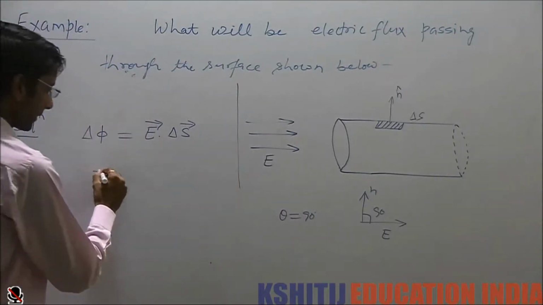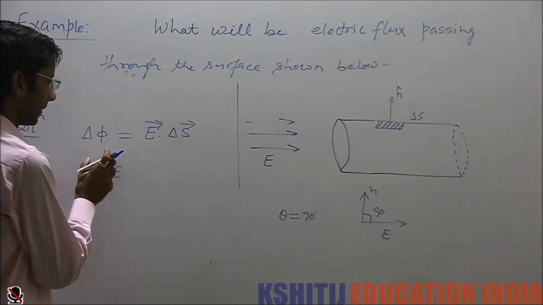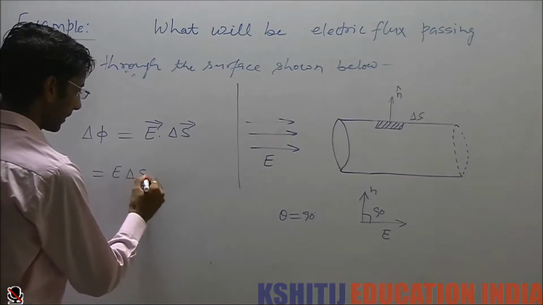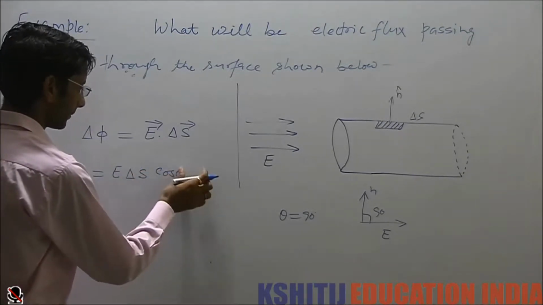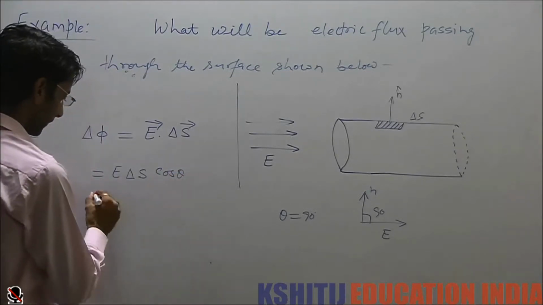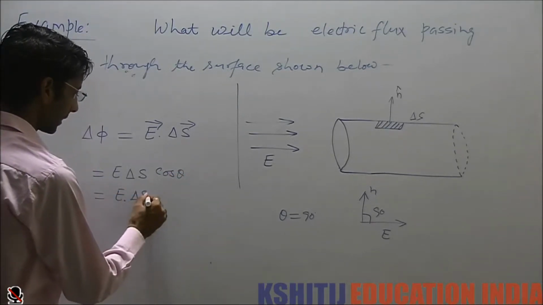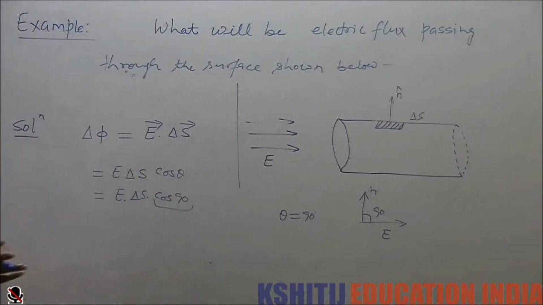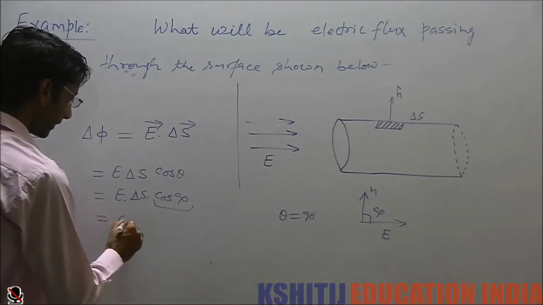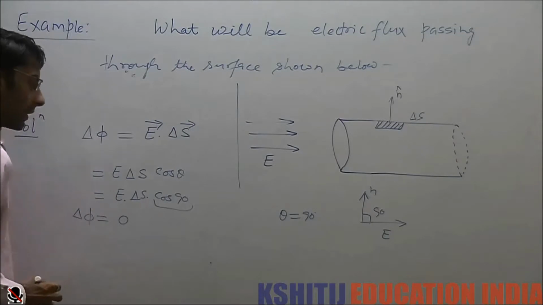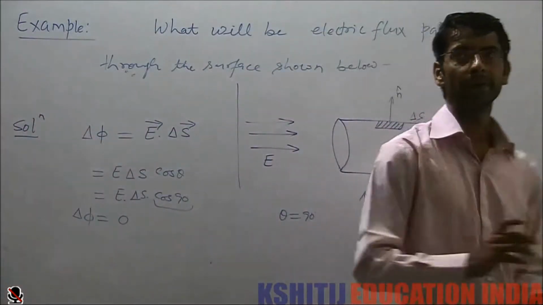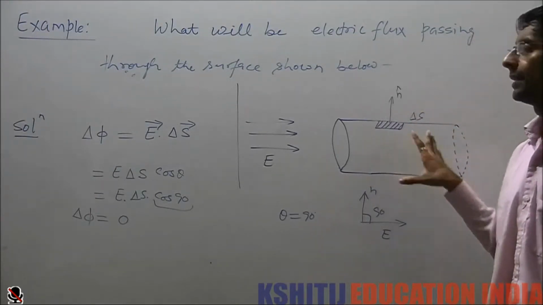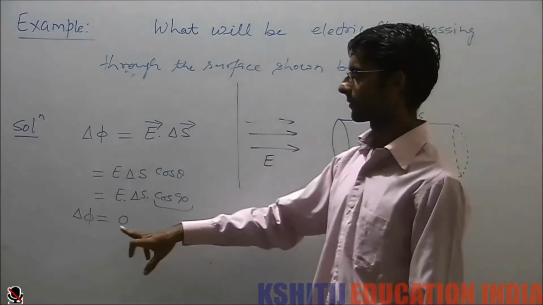Now we can write the differential flux passing through this differential surface area as E delta S cos theta, which is E delta S cos 90. We know that cos 90 is 0. So this will make everything 0. That means whatever differential area we have chosen on this surface, there is no electric flux passing through.